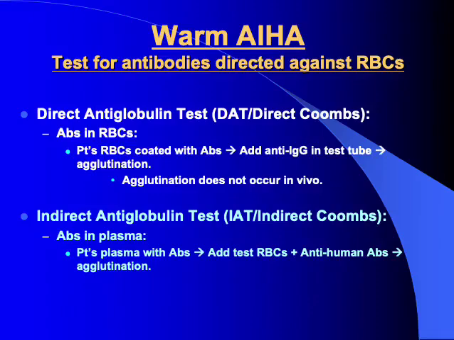So we use a patient plasma which has antibodies and here we add test RBCs that are already in the blood bank. And we add to the patient plasma and the test RBCs an anti-human antibody, and that will lead to agglutination and eventually hemolysis.